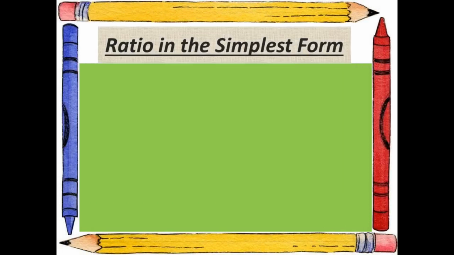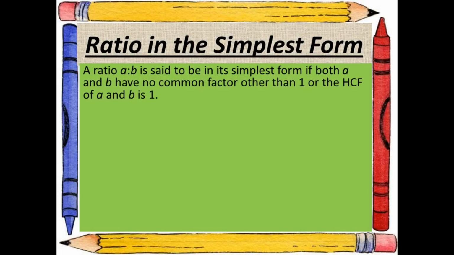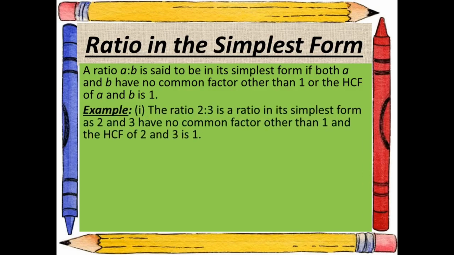Next topic is ratio in the simplest form. A ratio A is to B is said to be in its simplest form if both A and B have no common factor other than 1, or the HCF of A and B is 1. For example, the ratio 2 is to 3 is a ratio in its simplest form as 2 and 3 have no common factor other than 1, and the HCF of 2 and 3 is 1.